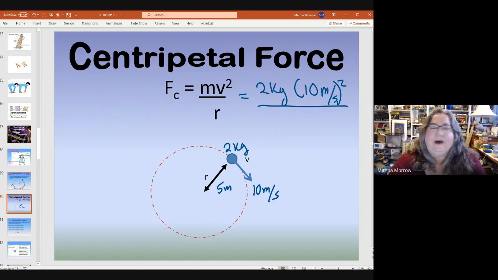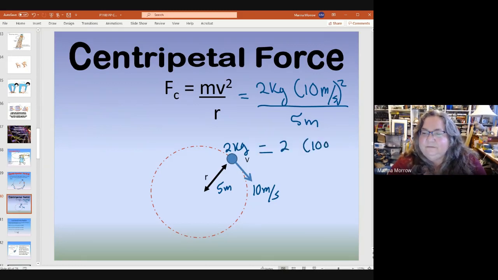That's what people often do. They forget the square. Divide by the radius of 5 meters. And so we're going to get 2 times 10 squared, which is 2 times 100, and we're dividing by 5. So that's going to be 2 times 20, which is going to come out to be 40.